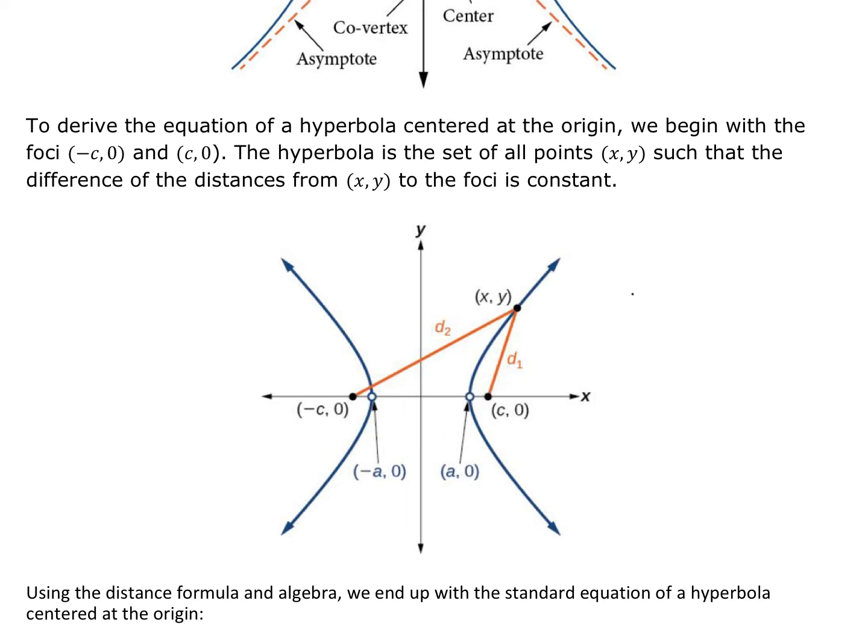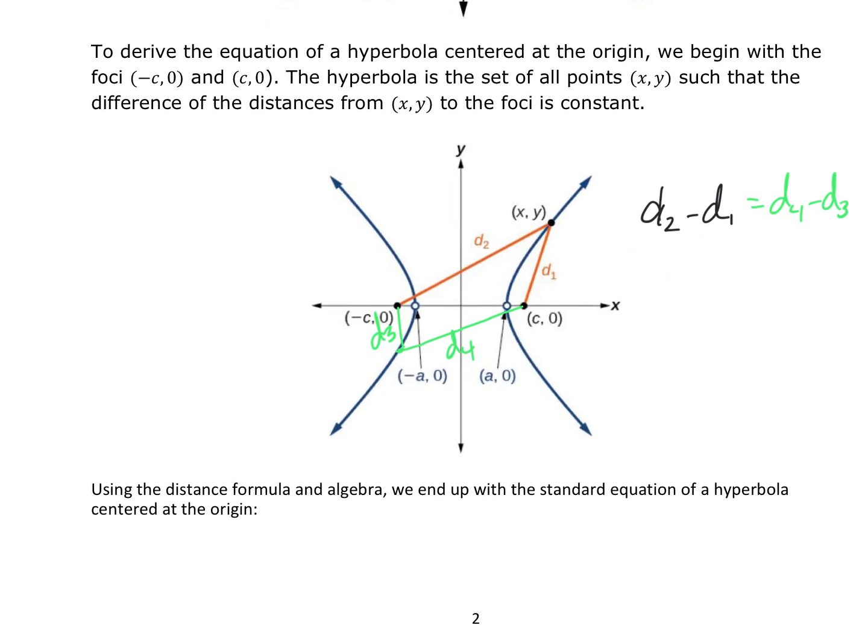So if I take d2 minus d1, this would be the exact same value. If I call this d3 and this d4, it would be equal to d4 minus d3. So notice that I still have some a's here, I still have some c's here. I don't see a b, but we're going to talk about how to find the b and how it actually is part of the graph.